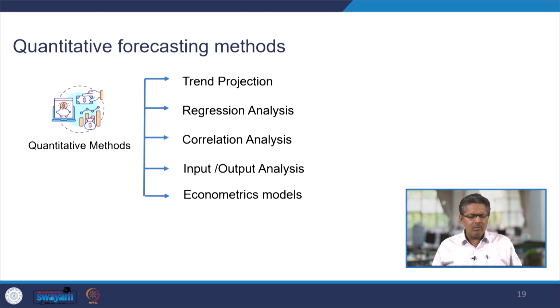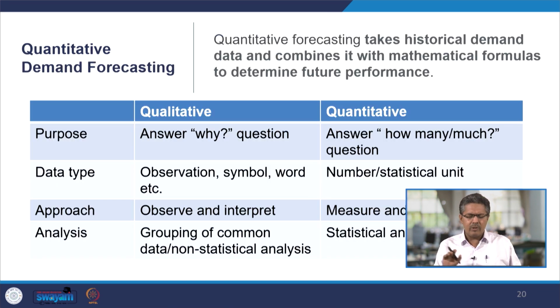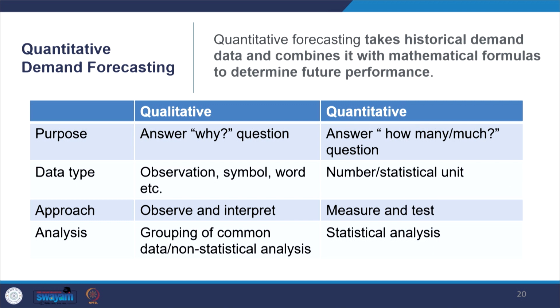So, when we are talking about quantitative forecasting, what is the difference between qualitative and quantitative, just to have a glimpse. Quantitative forecasting takes the historical demand data and combines it with some mathematical formulas to predict the future, right. Now, what mathematical formulas?